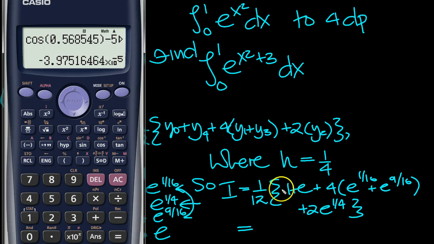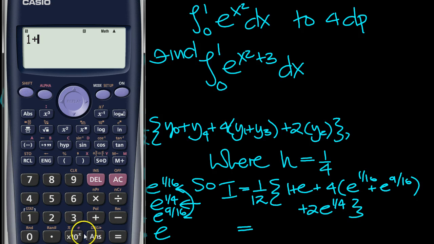We've got 1 plus e, there's the e to the power 1. There we are. And it's a plus, isn't it? Right, 1 plus e, it'll be times the 12th, won't it?